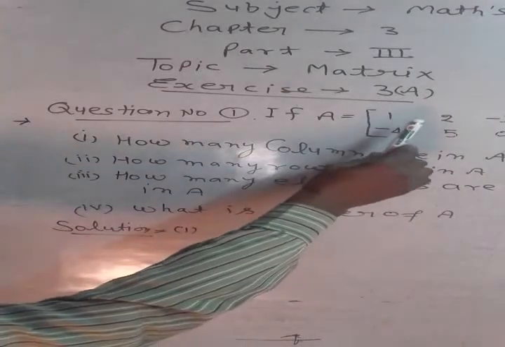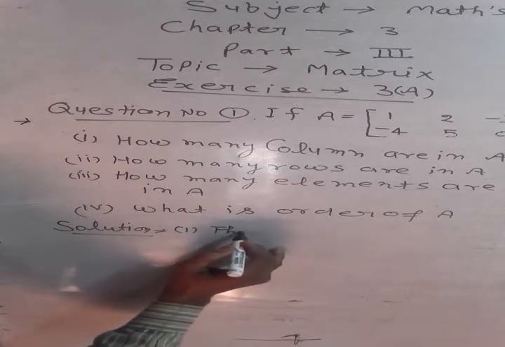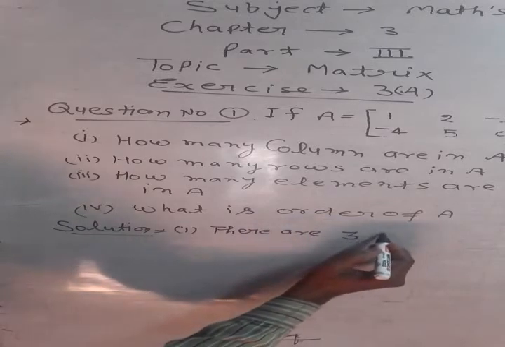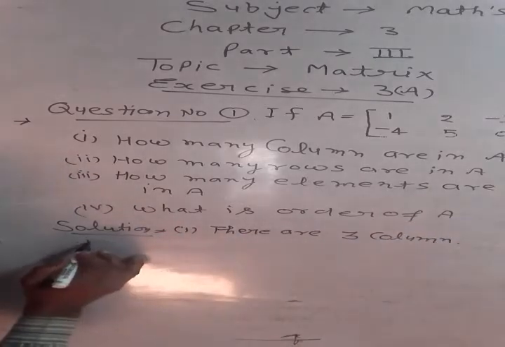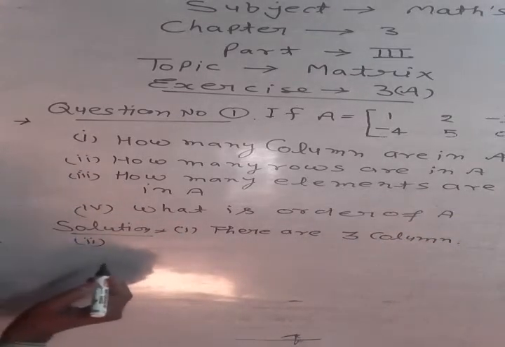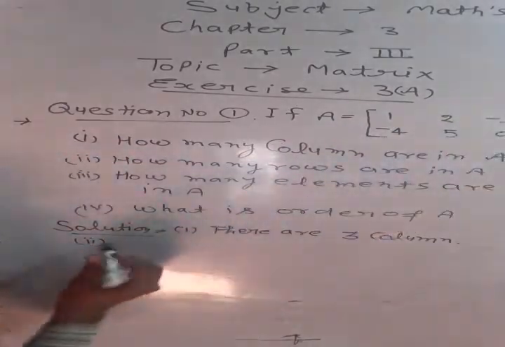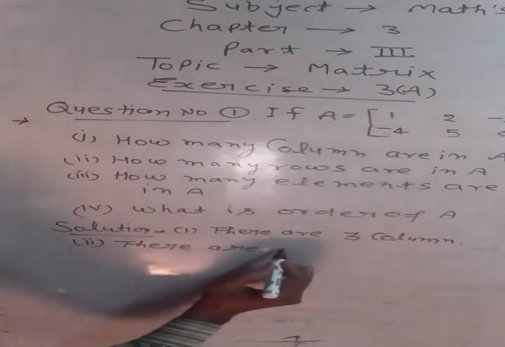So there are 3 columns. Second number, how many rows are in A? First row, second row. There are 2 rows.